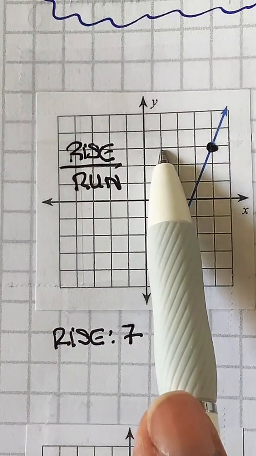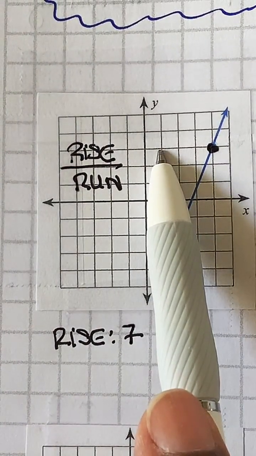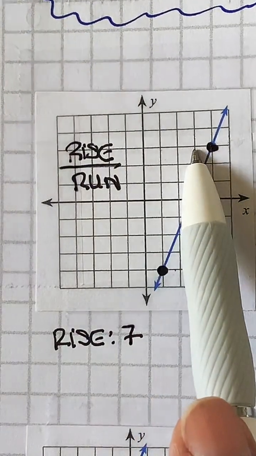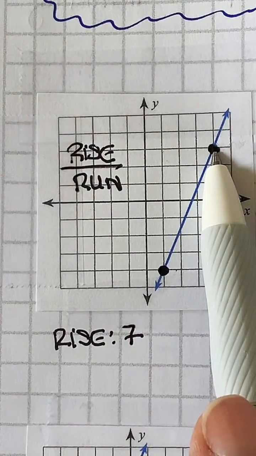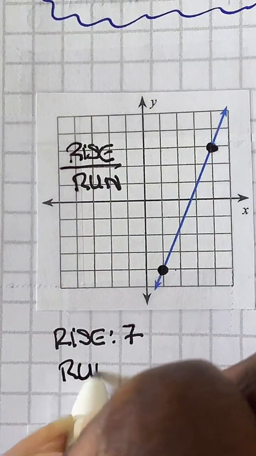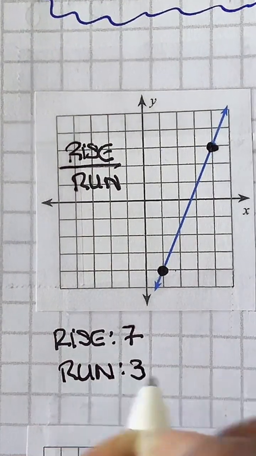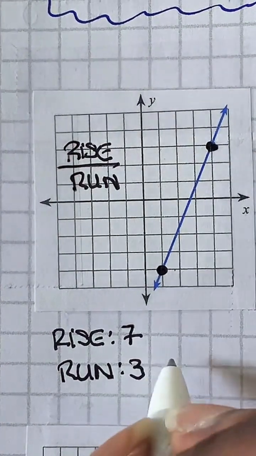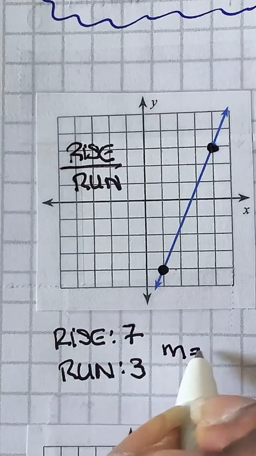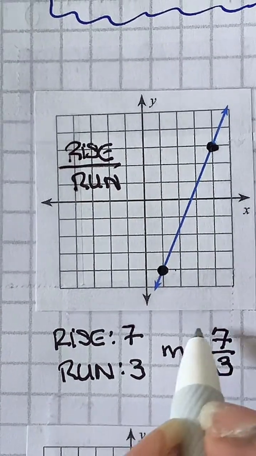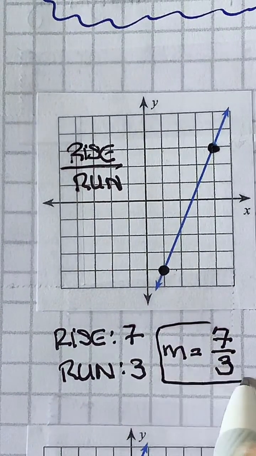Now from here, I need to get to the house, so I'm going to turn right and go 1, 2, 3 blocks. Say he's that house in the corner. So you would have to go 3 blocks. That's your run. So your rise over the run, aka your slope, is going to be 7/3. We want to keep our slope as a fraction.